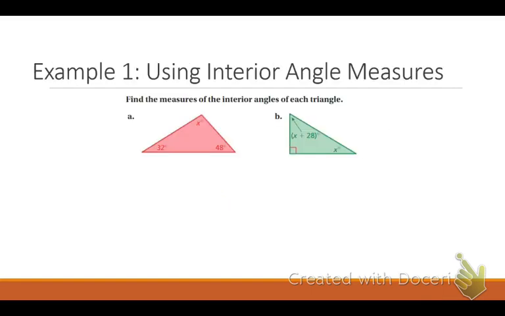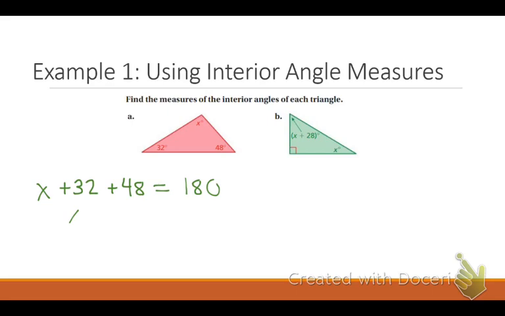In example 1, we're finding the measure of each angle of the triangle. On the first one, and really on all of the triangles that we're going to solve, the sum is the same. It's 180 degrees. So we add up each angle: x plus 32 plus 48 equals 180.